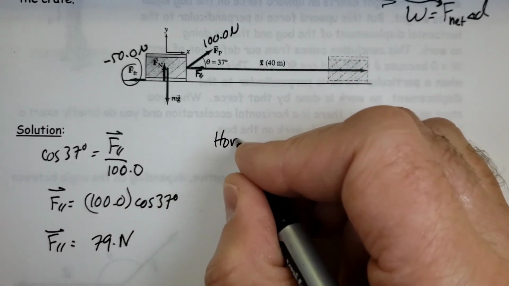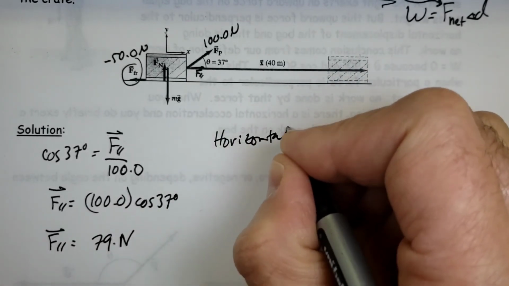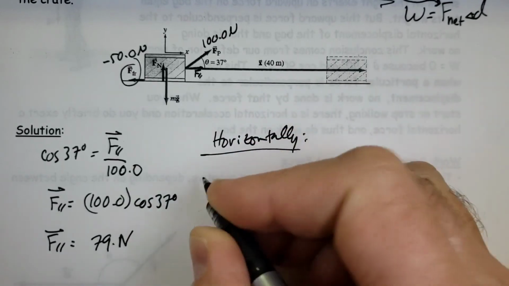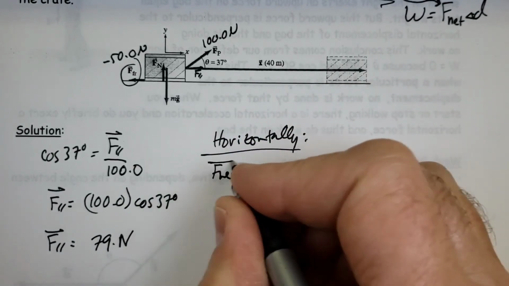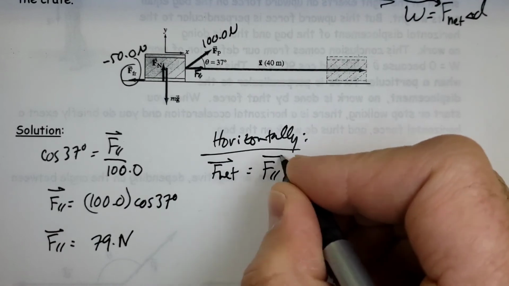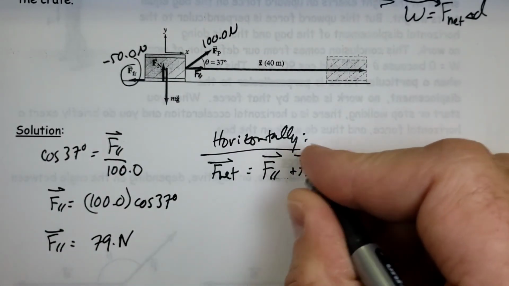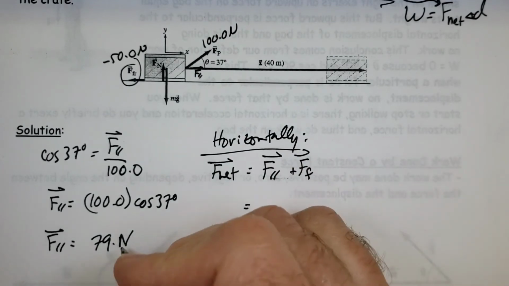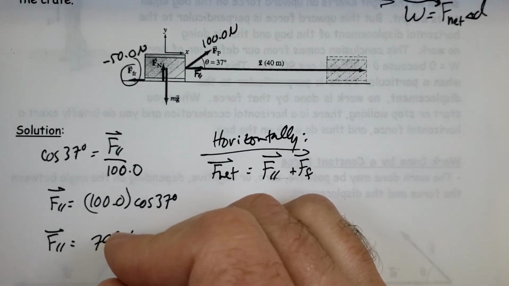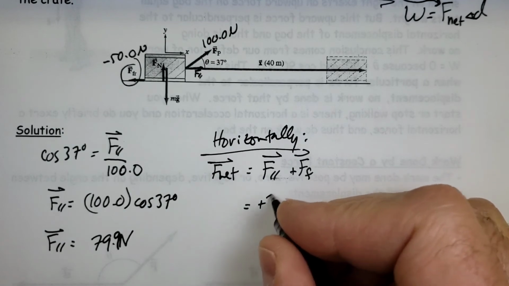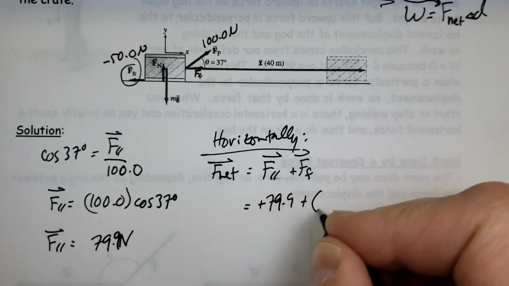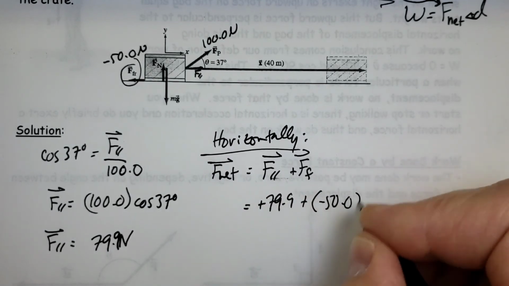So if we look at the scenario horizontally, all my horizontal forces consist of my F parallel pulling to the right, and we have friction working against us like that. So the F parallel is 79.9, I believe. So it's plus 79.9, and my friction is negative 50.